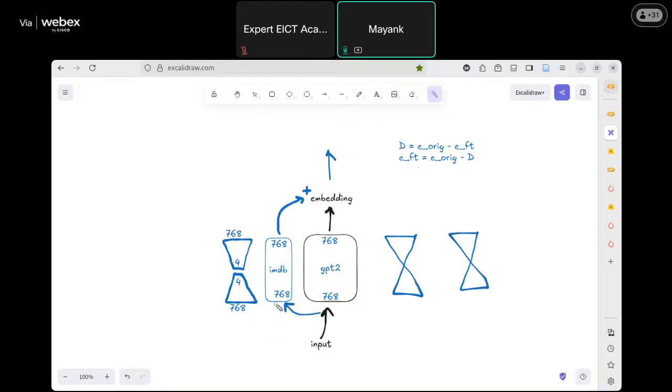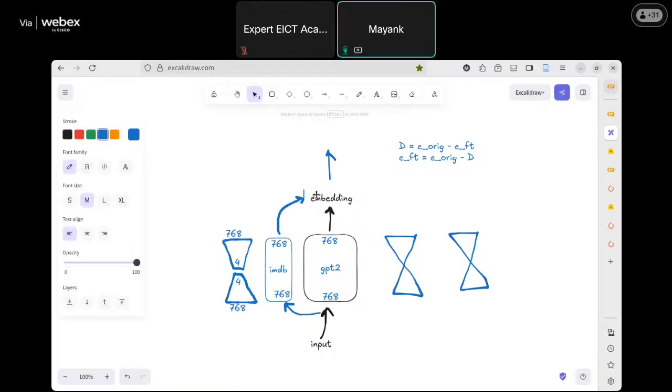So why do we place a separate adapter here, a separate matrix here, is because this embedding gives us the original embedding. Instead of adding, I would rather say that we are subtracting here.